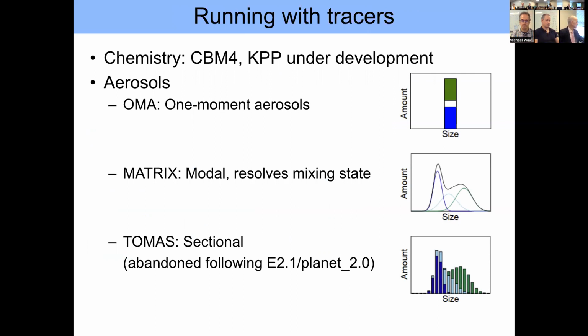So this is mostly advertisement because we will not be discussing this here. But thus far, we discussed prescribed atmospheric composition. The model reads in stuff like ozone, but we can turn on chemistry.